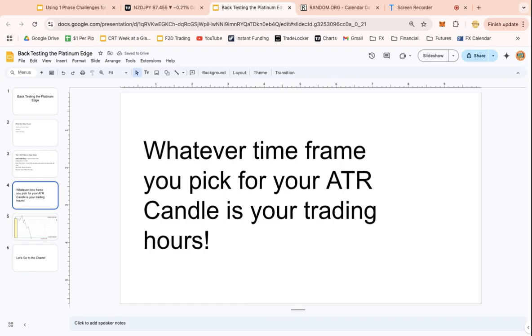What I mean by that is this: if you decide to pick a 4-hour candle for your ATR candle, and I'll explain this when I get on the chart, then your trading hours need to be for a 4-hour period. If you pick a 1-hour ATR candle, then your trading period is 1 hour. That's the limit, okay? Because you're looking for the candle to do something in a specific time. Once that time is exceeded, you are not to trade anymore, all right?